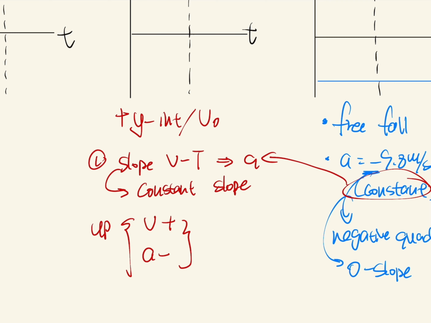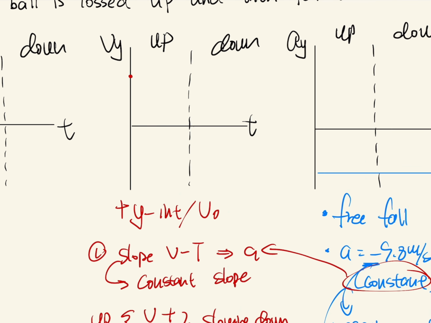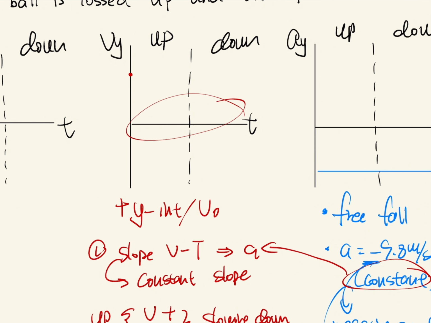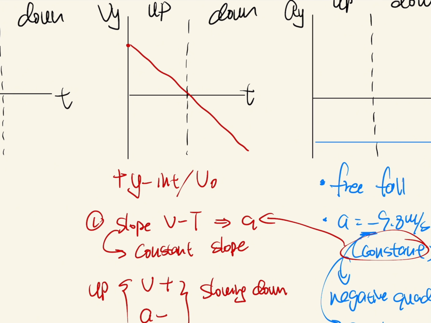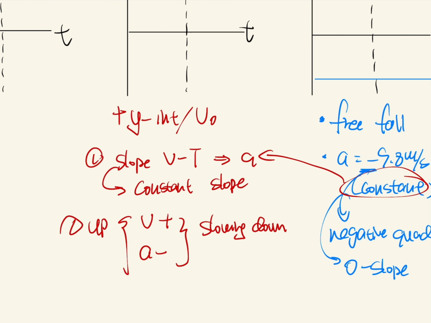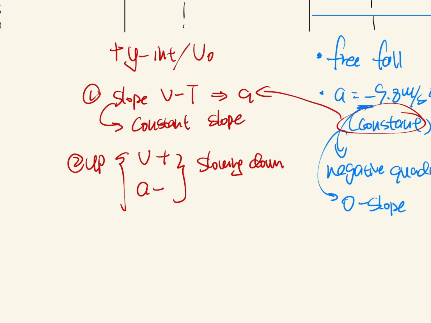So that tells us the ball is slowing down. Then we know the y data point is actually getting closer to the x-axis when it's going up. So we would know that it's this shape. However, we can also just not think about the slope and just use the y data point to think about it.